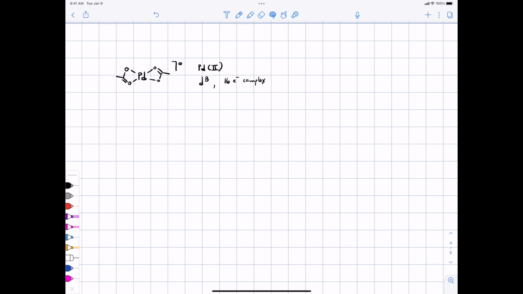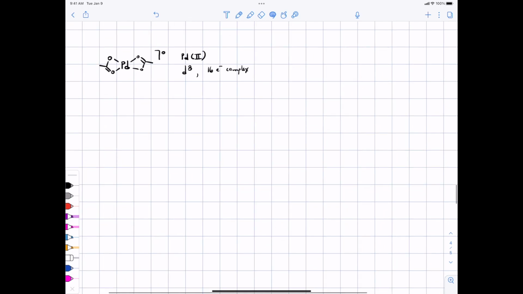for whatever reason. So what ends up happening is that you first bring in 2 of those phosphine ligands, and they are going to replace the 2 acetate ligands.